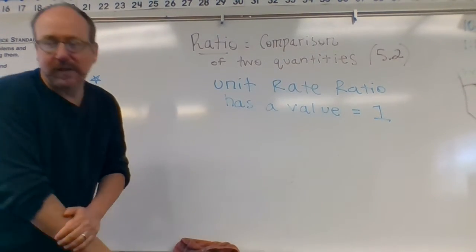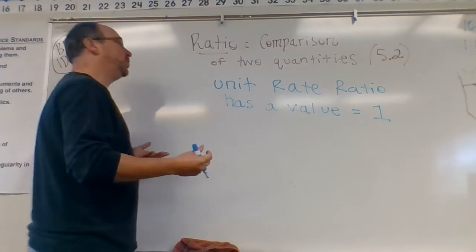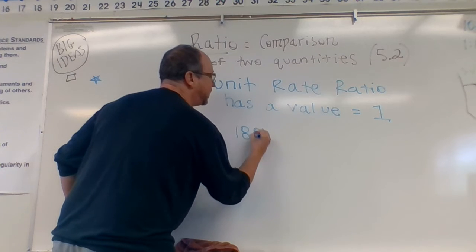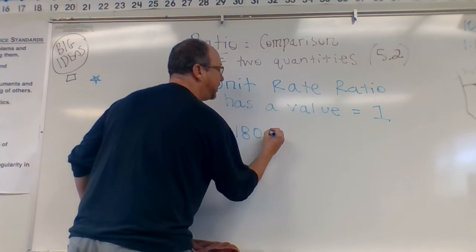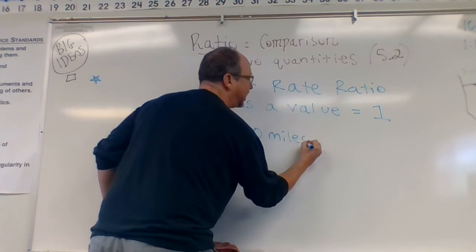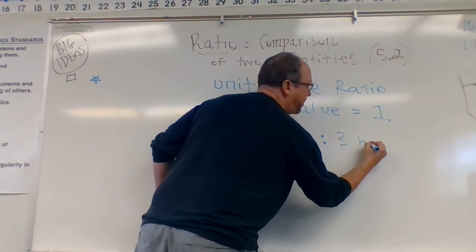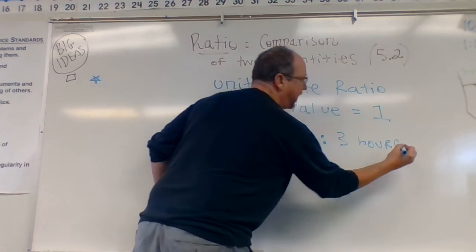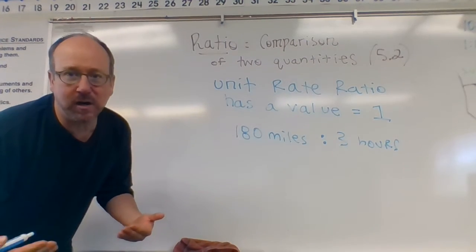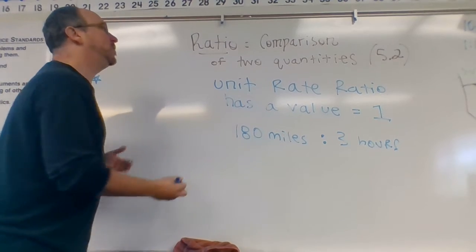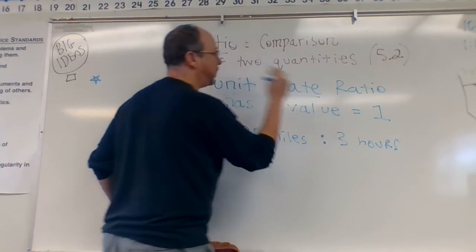They can be useful. Like when you're buying a car, they wouldn't say the car goes 180 miles every 3 hours, right? That's not how we talk about miles per hour. When we talk about the speed of a car, we're talking about it in its unit rate.